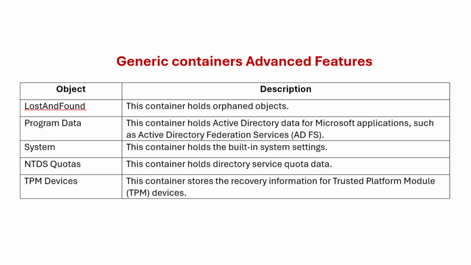This container holds Active Directory data for Microsoft applications such as Active Directory Federation Services, ADFS. System. This container holds the built-in system settings. NTDS quotas. This container holds directory service quota data. TPM devices. This container stores the recovery information for Trusted Platform Module, TPM, devices.